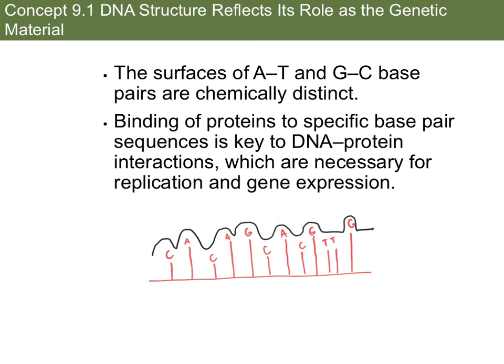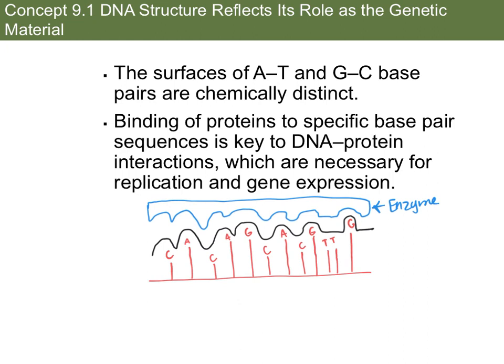Let's see what that would look like. Here is another very simplified diagram of an enzyme, and it's got the right active site to fit with the bumps and curves here of the DNA. This means that enzymes can have active sites that are very specific for regions of the DNA.